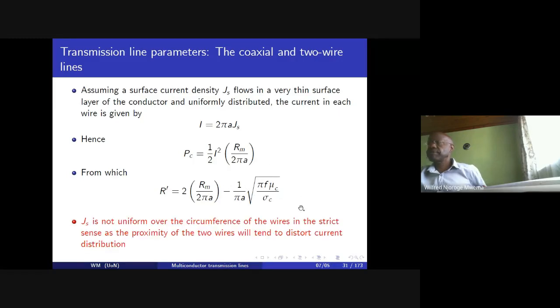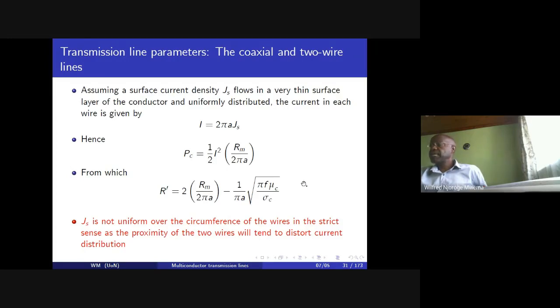resistance. And Js is not uniform over the circumference of the wires in the strict sense. Because whenever we have two wires carrying current, there is always going to be a distortion because of the magnetic fields.